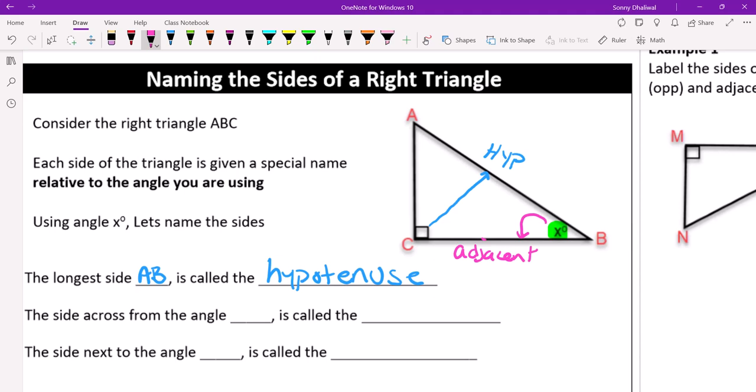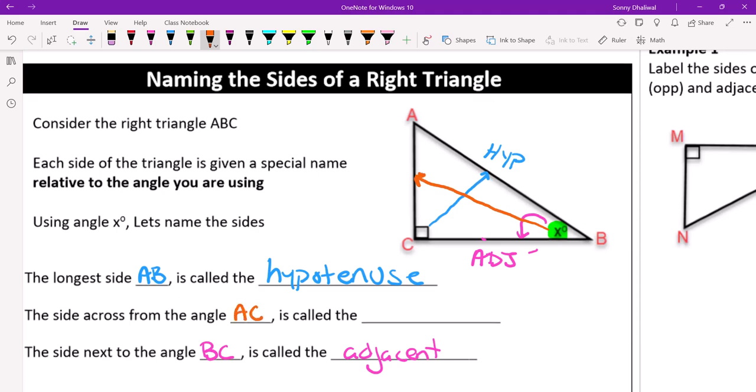Or maybe I use letters ADJ. So the side next to our angle, that's BC, is called adjacent. Then the other side, the one across from our angle, so going all the way across from it here, that's side AC.